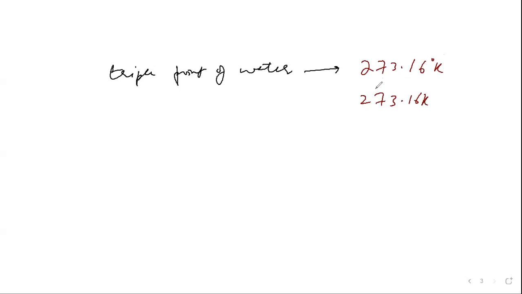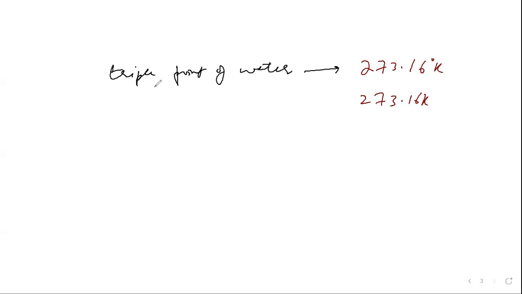It is assigned to the triple point of water. Then if you want to specify the absolute temperature of some system, you take one system as triple point of water, assign this much temperature to that, then operate Carnot engine between that system and triple point of water, measure Qc and Qh, and specify the temperature or assign the temperature to that system. So this is how we define absolute temperature scale.